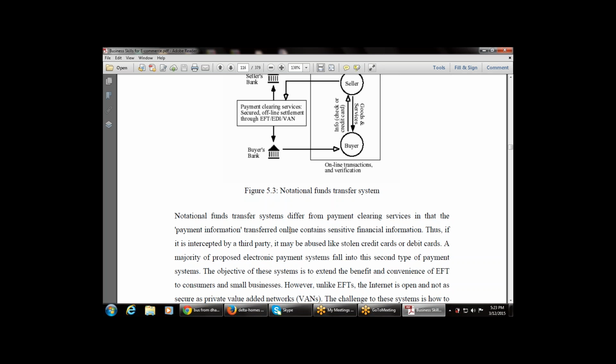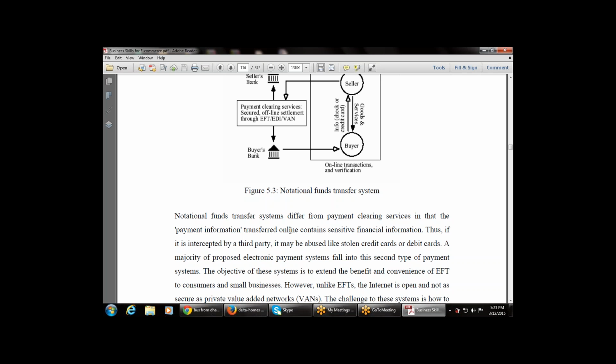I enter the debit card number and the transaction is made. So there is a direct transfer of the fund from my bank to that commercial site, for example Flipkart, right? So there is a direct transfer of the fund from the buyer's account to the commerce organization.